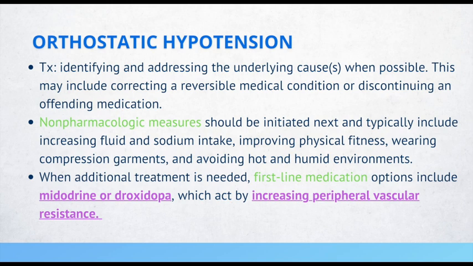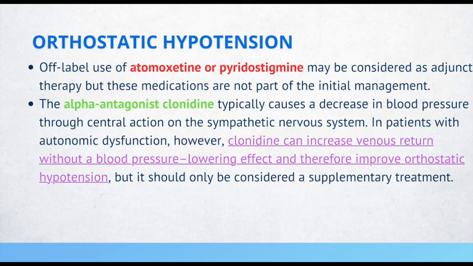When additional treatment is needed, first-line medication options include droxidopa, which acts by increasing peripheral vascular resistance. Off-label use of drugs like atomoxetine may be considered as adjunct therapy, but these medications are not part of the initial management. The alpha agonist clonidine typically causes a decrease in blood pressure through central action on the sympathetic nervous system.